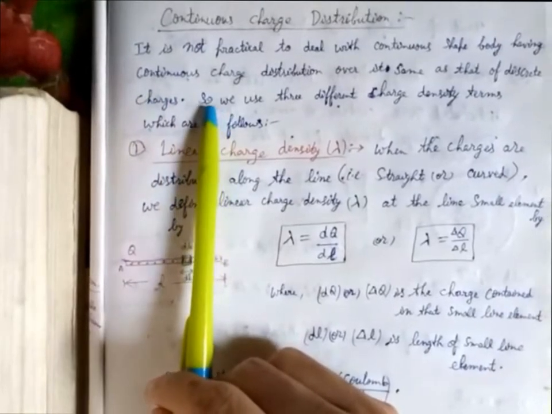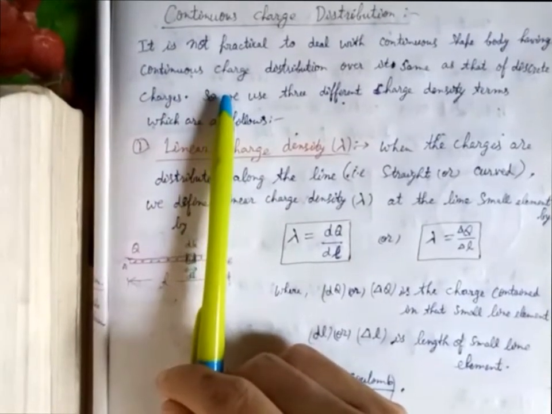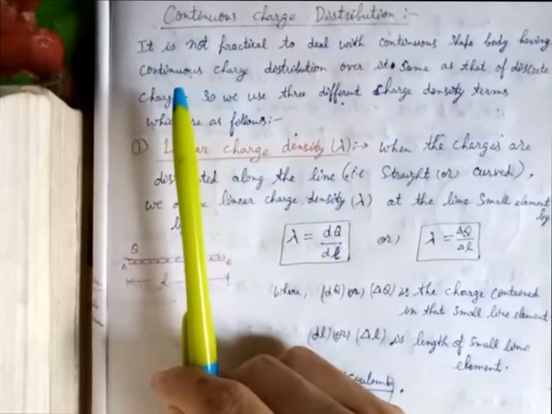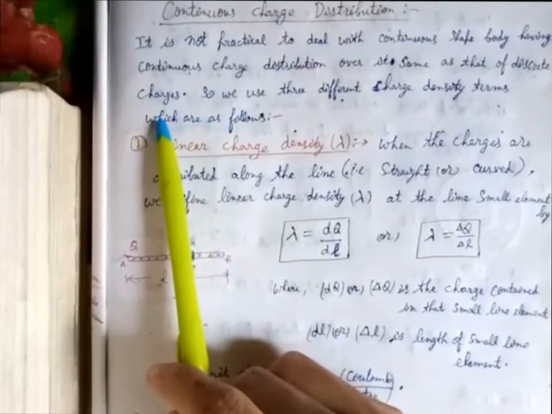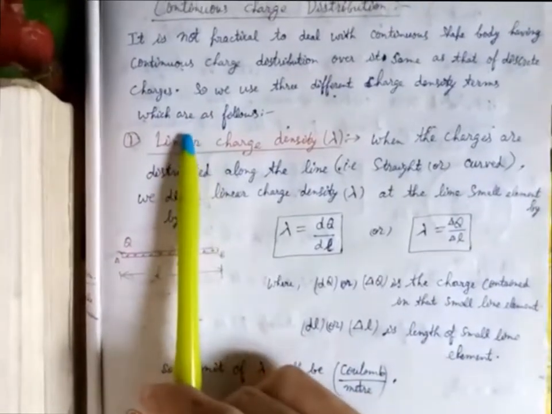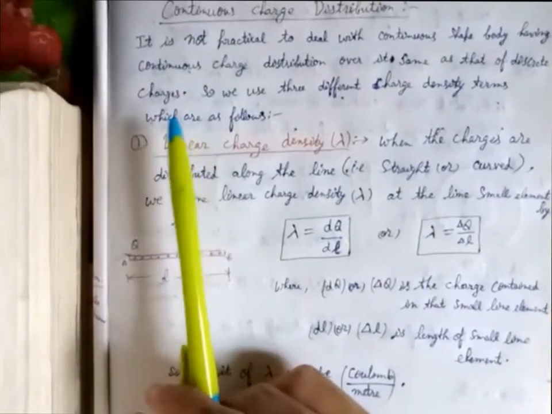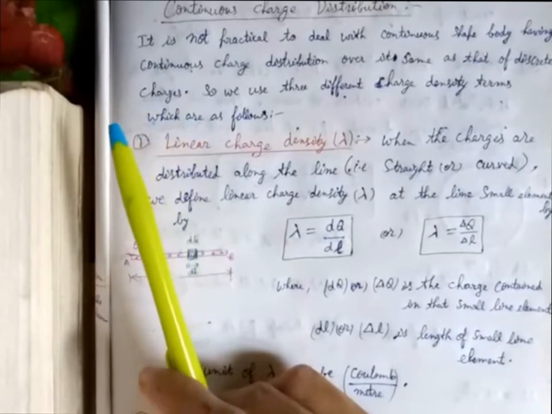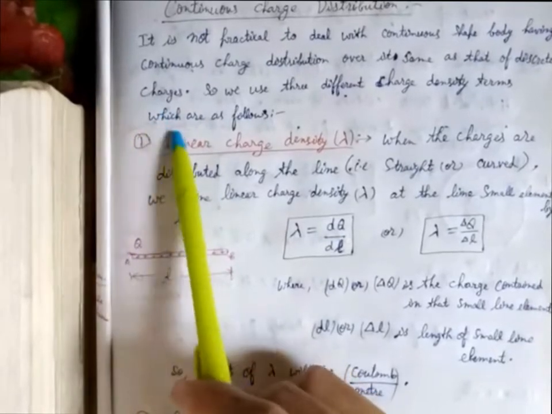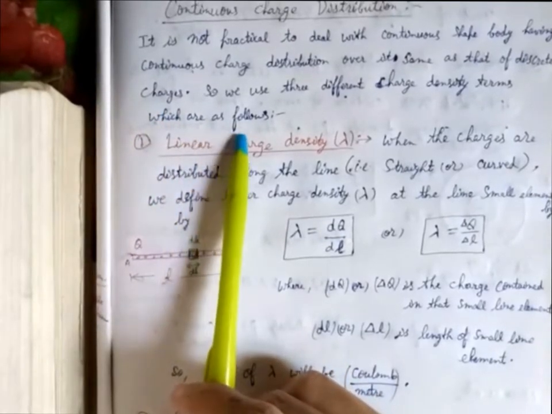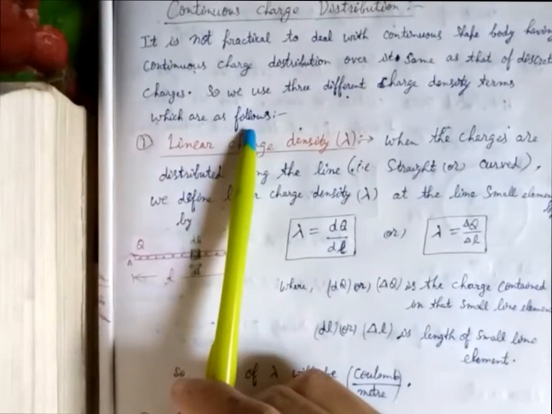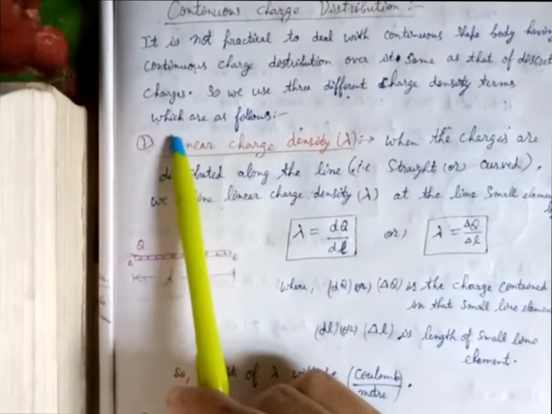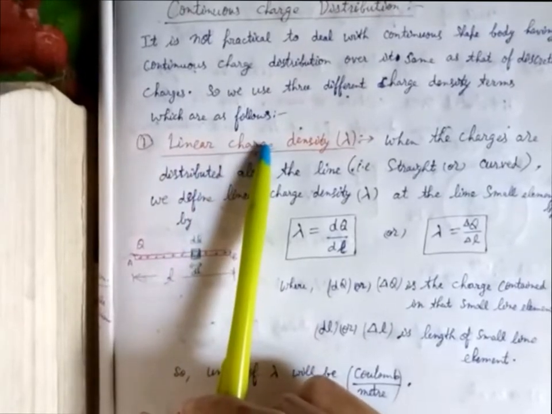But this is not the practical condition while dealing with charges, because if a body is there, then that body contains a continuous charge distributed over its surface. Or if there is a solid body, then that body has continuous charges distributed over the whole body.